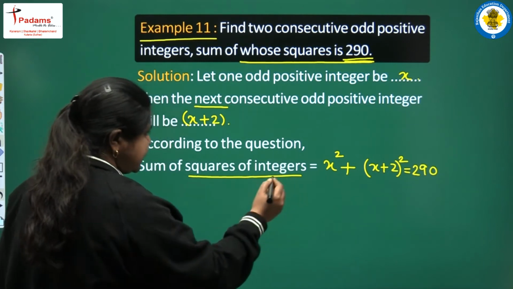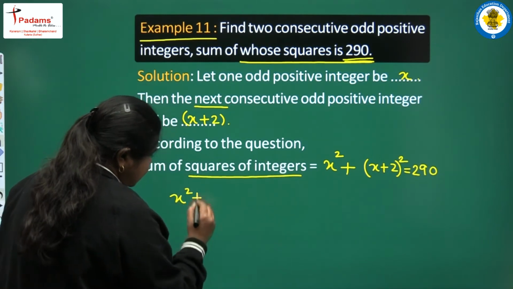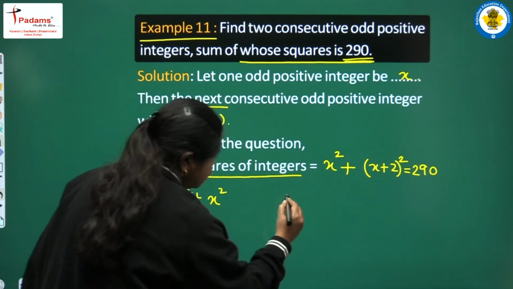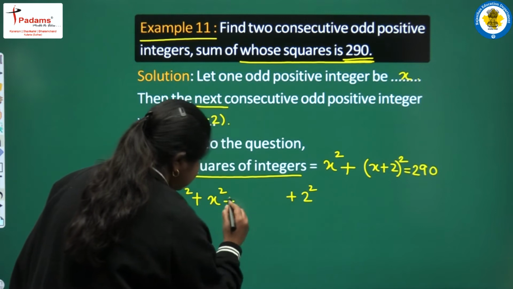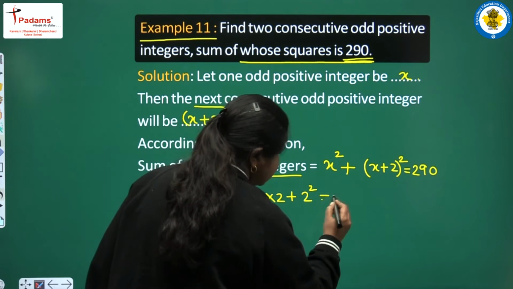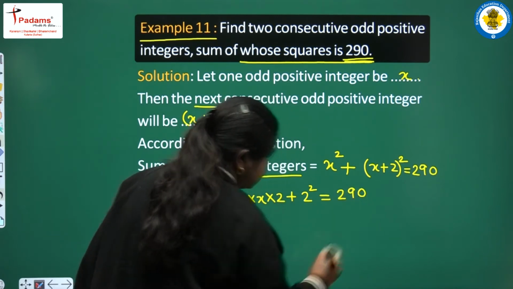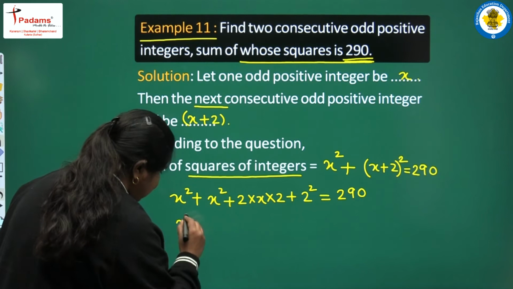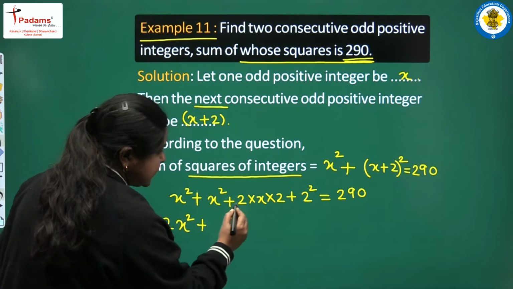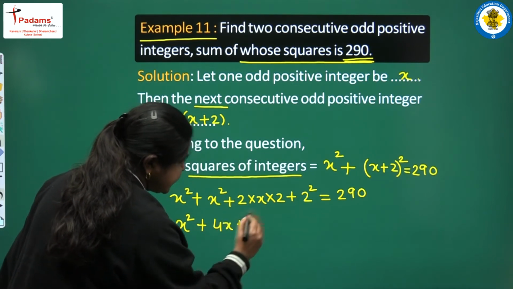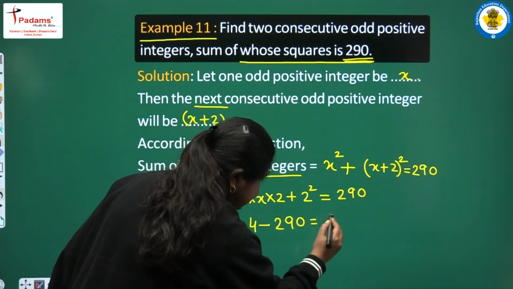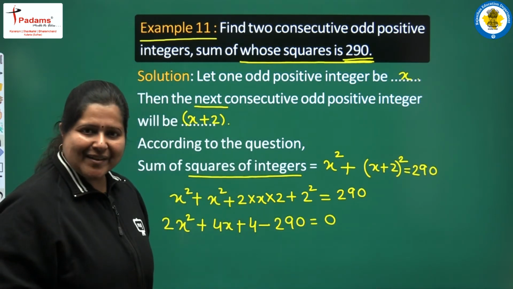Okay, now we will simplify this x square. Now we will open up this bracket, expand it, first number square plus second number square, और बीच में दोनों को 2 से मल्टीप्लाई करेंगे. ये आप अच्छी तरह समझ गए होंगे अब तक. तो यहाँ आएगा equal to 290. Okay, x square कितनी बार है? 2 times, so we will write 2x square plus this is 4x plus 2 2s are 4, and bring this 290 to the LHS, it will become minus 290, and in the RHS we will have 0.